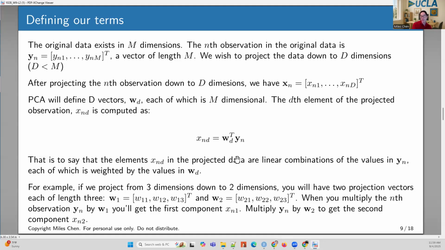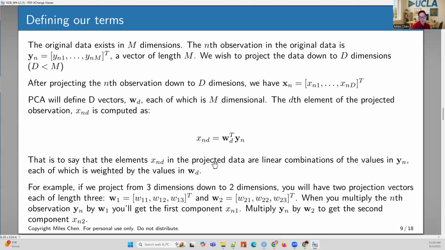If you take W and multiply it by the 3D data, you have 2 of these vectors and you'll get a component in X for each. So each of the elements in X is the projected data. These are just linear combinations of the values in Y, each of which is weighted by the values in W.